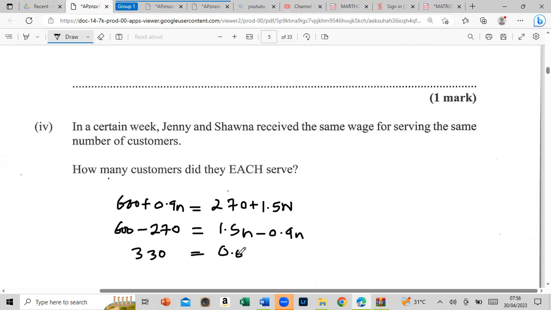This should give me the number of customers each person served, since the salaries are equal and we just equate both equations.